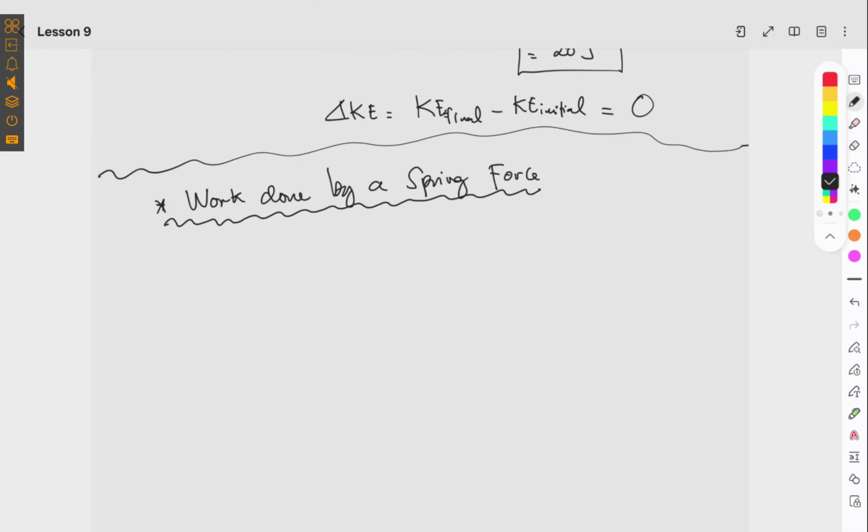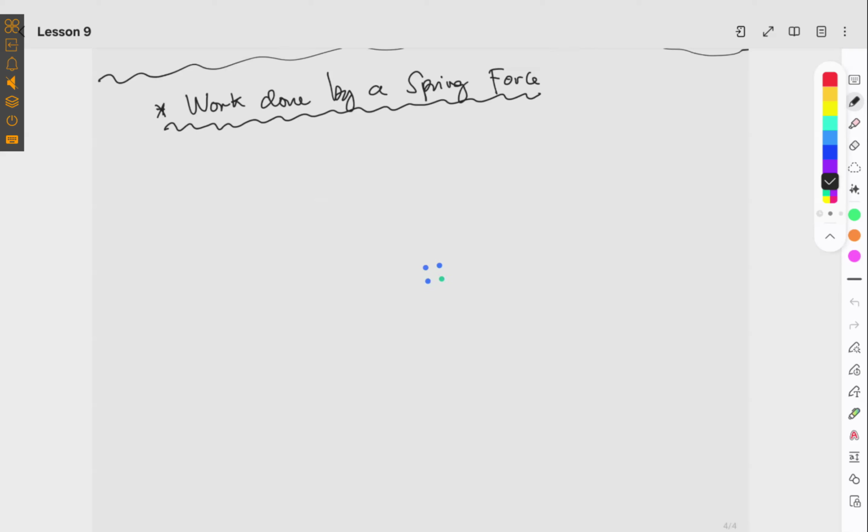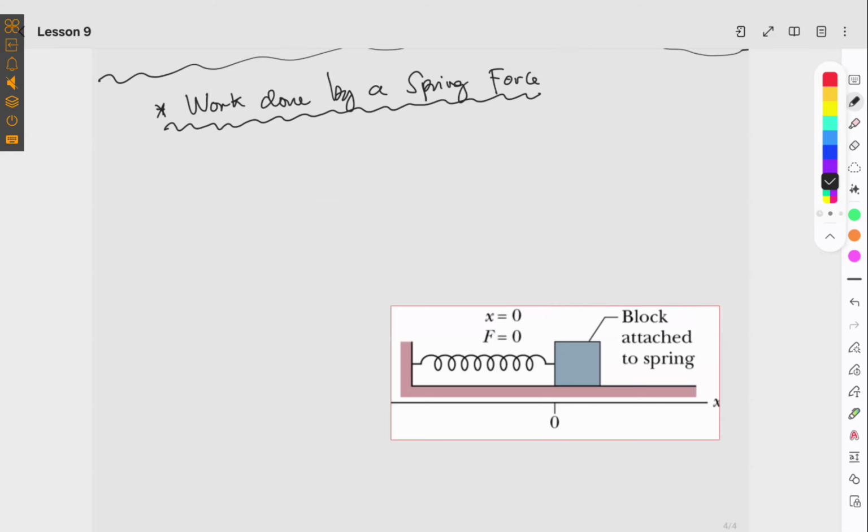All right. What exactly is a spring? It's a piece of metal that allows something to jump upwards. Yeah, this is a spring.